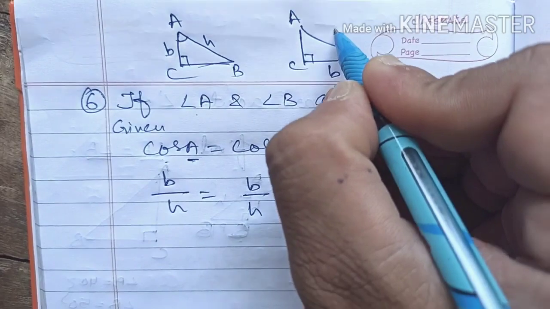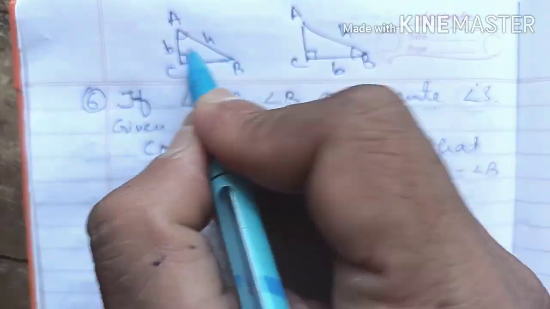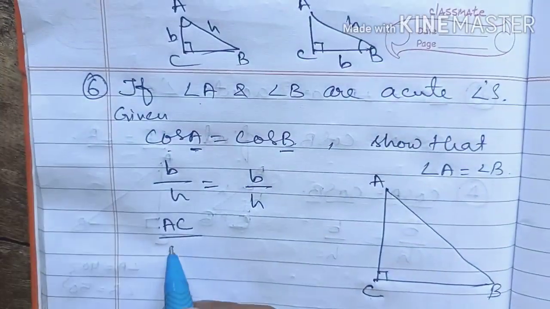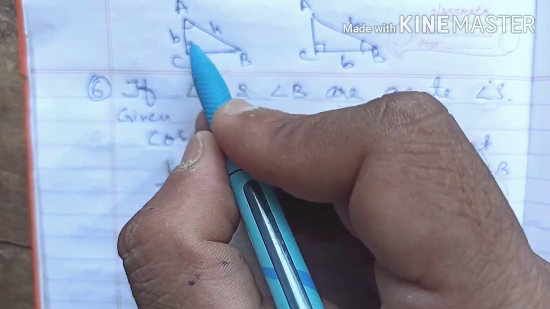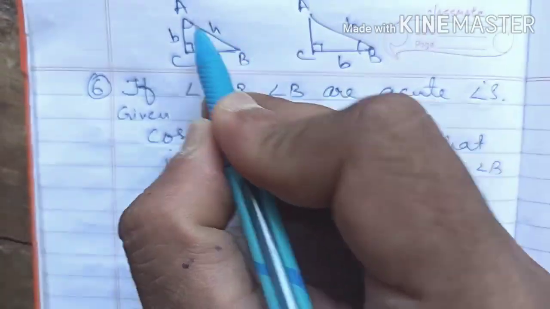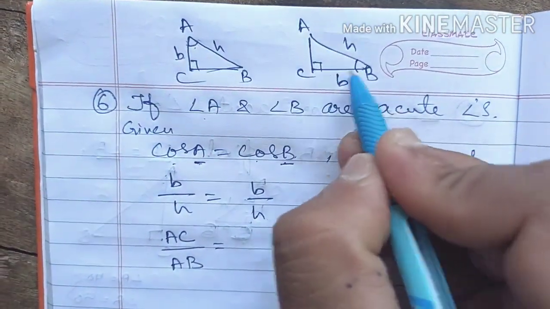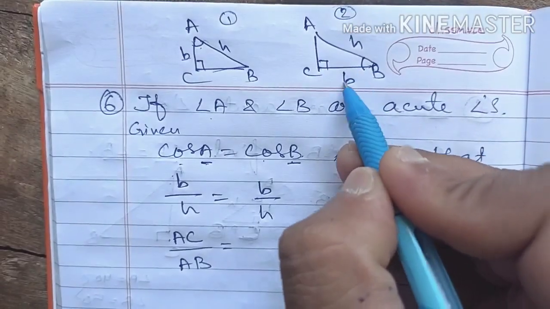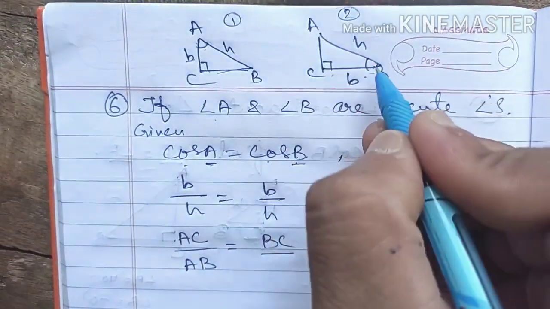This will be base, this is 90 degrees. So for cos A, B by H is AC by AB. Are you getting? For cos A, angle A, base is AC, hypotenuse is AB. For cos B, in the second diagram, this is the first diagram, base is BC and hypotenuse is AB.